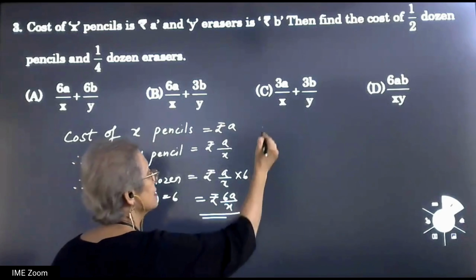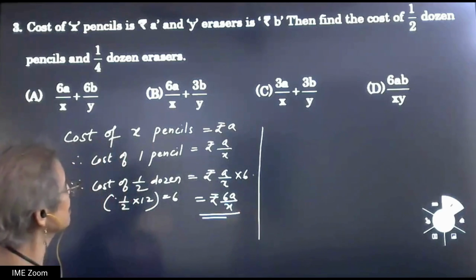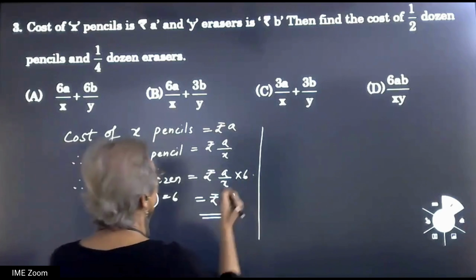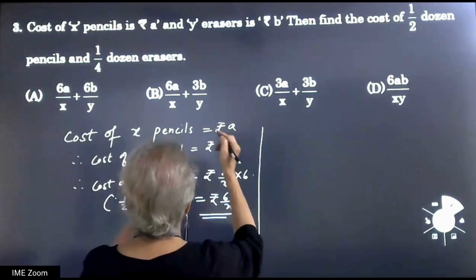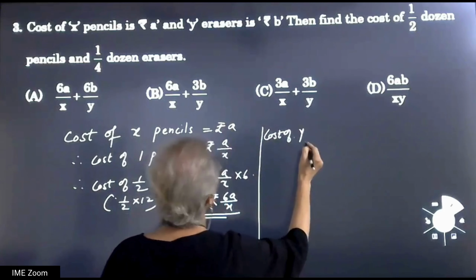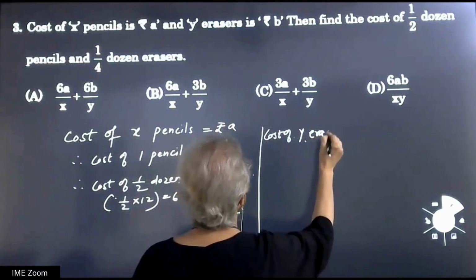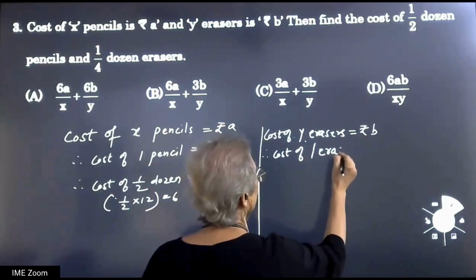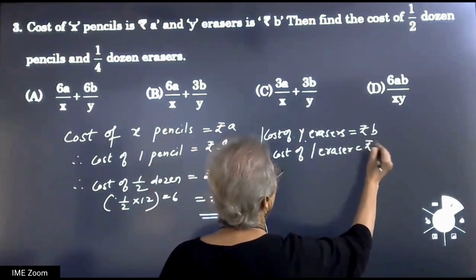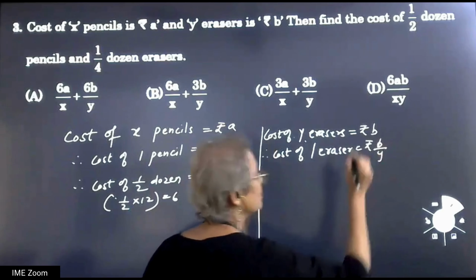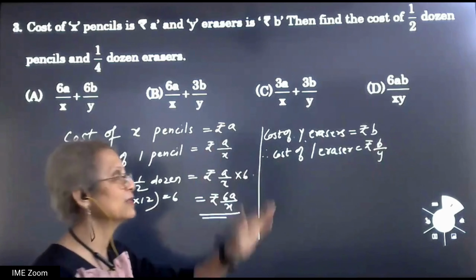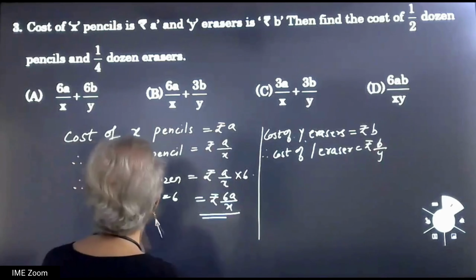This is for pencils. Similarly, we will find for erasers. The cost of Y erasers equal to rupees B. Therefore, cost of one eraser is B upon Y. Here it was A upon X, here it is B upon Y. And now how many we have to find out?